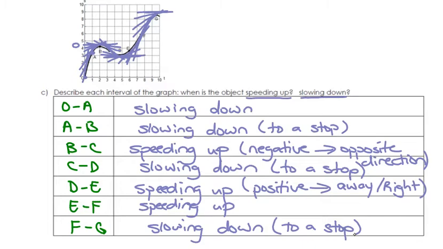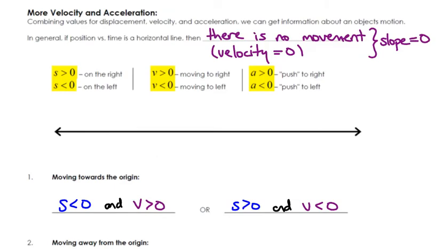Now let's go into some more concepts. So when we're combining position, velocity, and acceleration, we get something where we can ask you certain types of application questions. And so we could just talk about moving towards something, slowing down, speeding up, and so on. And this actually touches upon each of the position, velocity, and the acceleration.